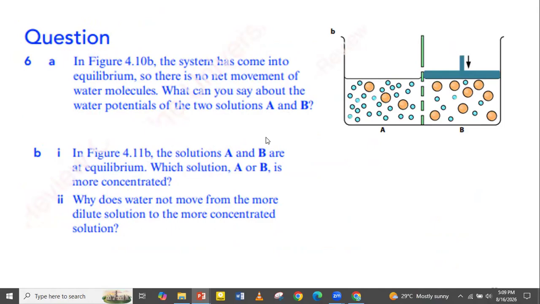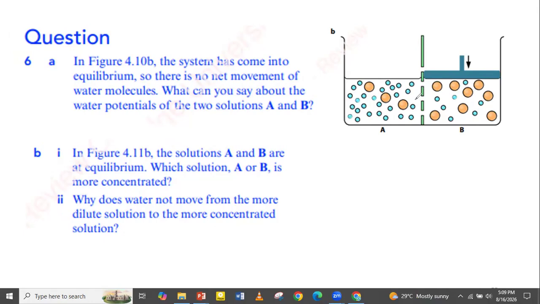Okay, so let's answer some questions here. They are telling us, in this figure, the system has come into an equilibrium. Osmosis has taken place and we have an equilibrium, so there is no net movement of water molecules. What can you say about the water potential of the two solutions? Whenever the water has moved and we have an equilibrium, we are not going to have net movement.